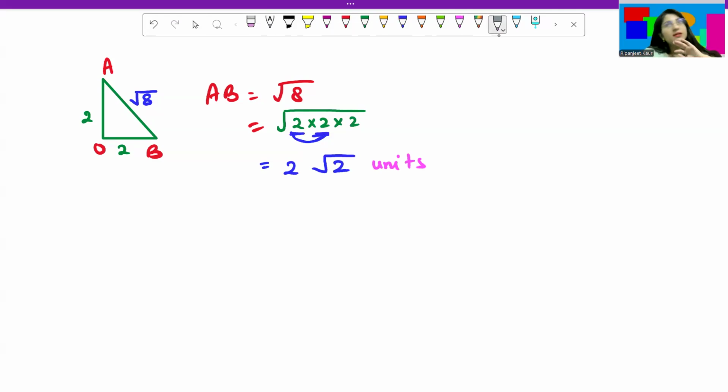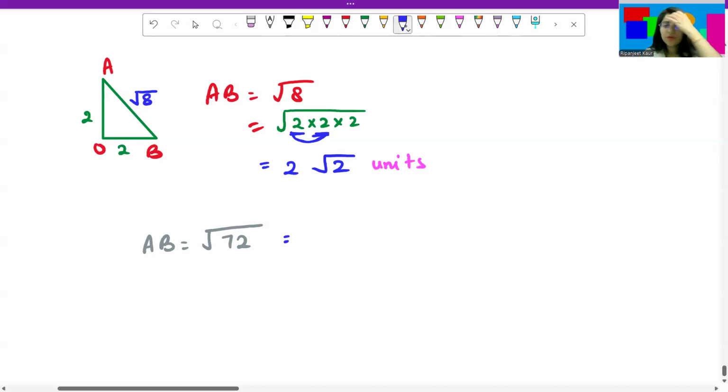Similarly, let's say the question is 72. We have an answer equal to root 72 for some question. We want to convert it into the radical form.